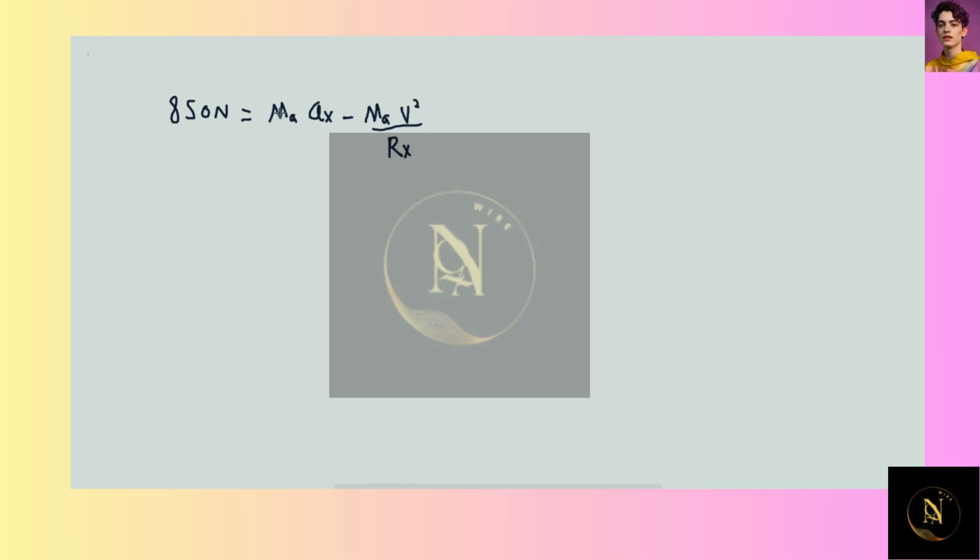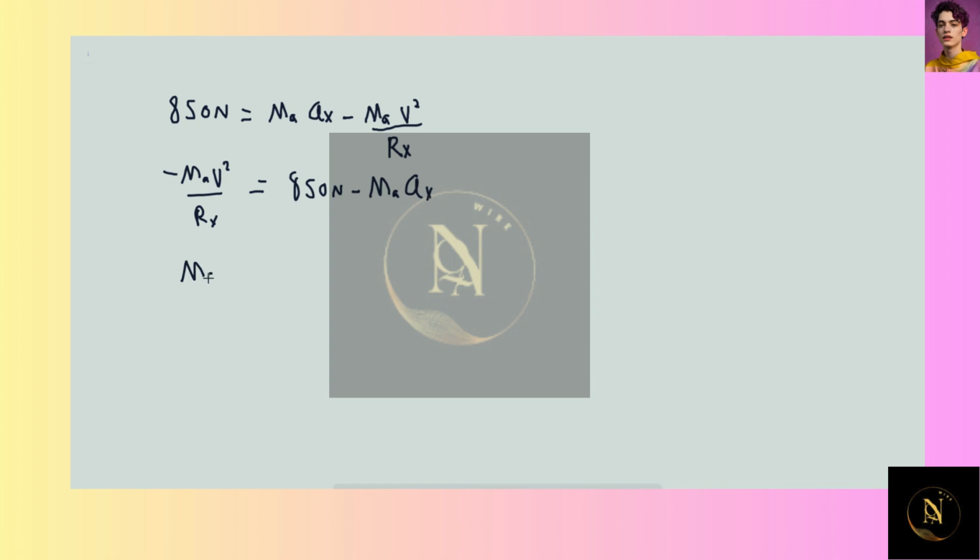So first we'll move this term to the other side, so we can say that negative m_a v squared over r_x, kind of flipping this all around, will equal 850 newtons minus mass of the astronaut times acceleration on planet X. Then we'll get rid of the negative sign.